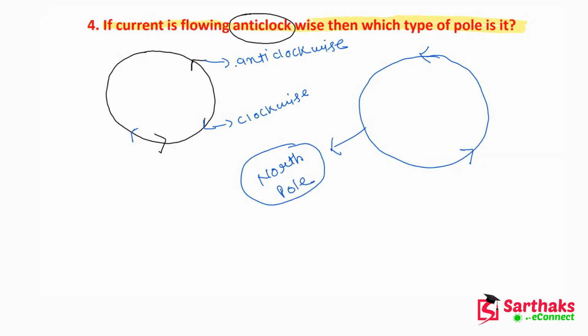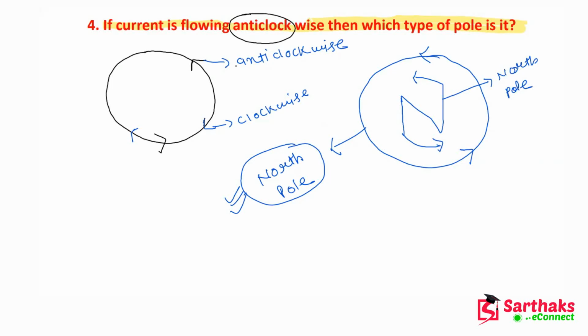I had also told you the trick that you can simply write N and curve this N from the corners like this. So whenever the current is in anti-clockwise direction, the pole is a north pole.